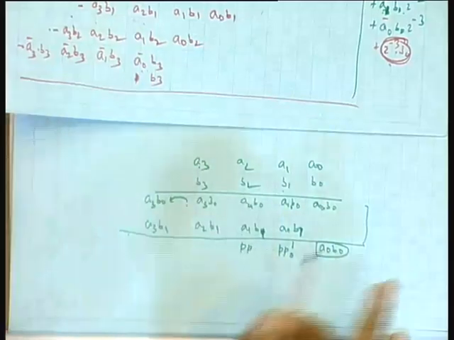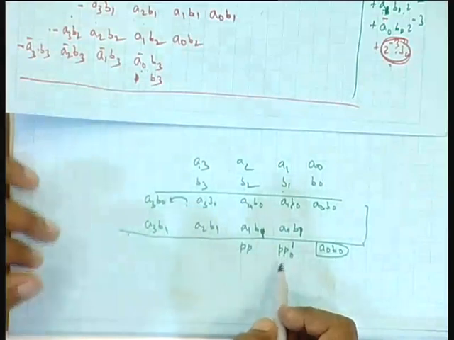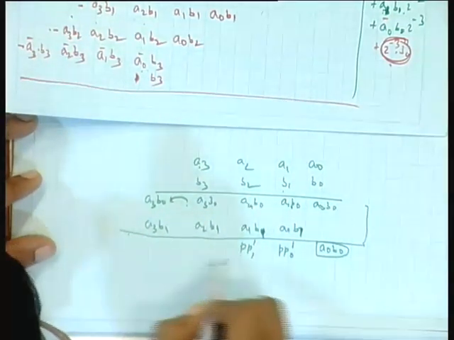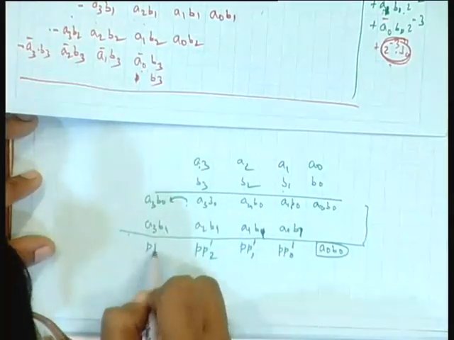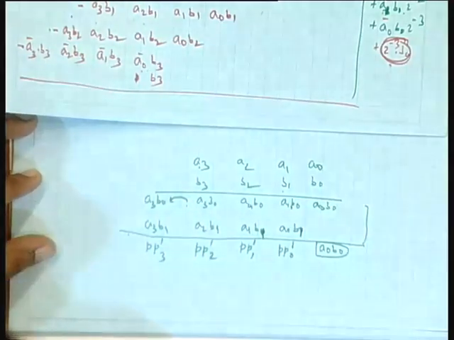Then PP, this is notation, you can give any x, y, z, anything of your choice. Since he keeps a notation and I am just following that. 1 1, stage number is 1, so PP 1 2, PP 1 3.